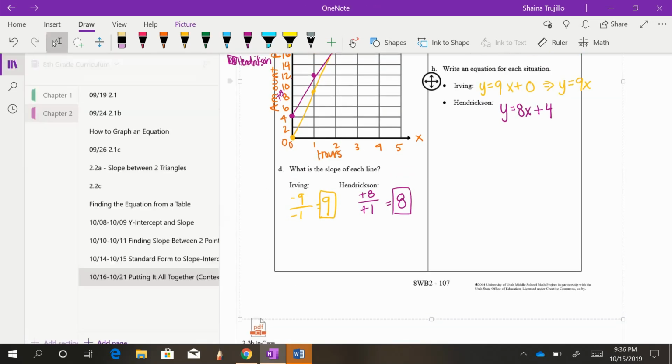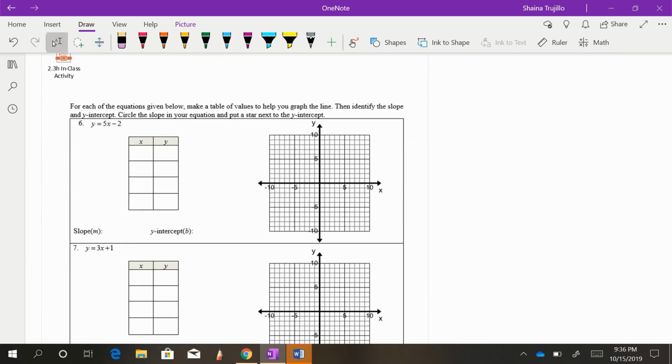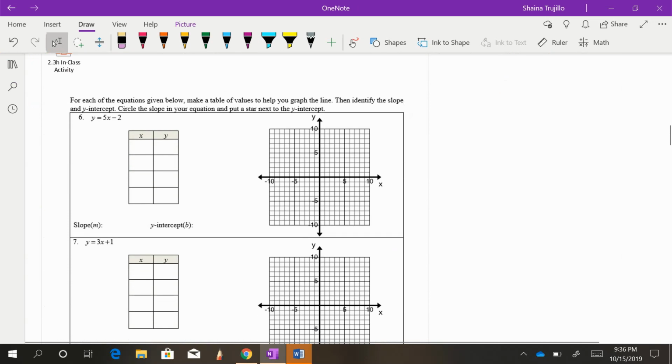Okay, in class, we did these together. I'm just going to go over them really quick. And let's pick blue. Blue's a nice color. So it says for each of the equations given below, make a table of values to help you graph the line. Okay, so it gives us an equation.